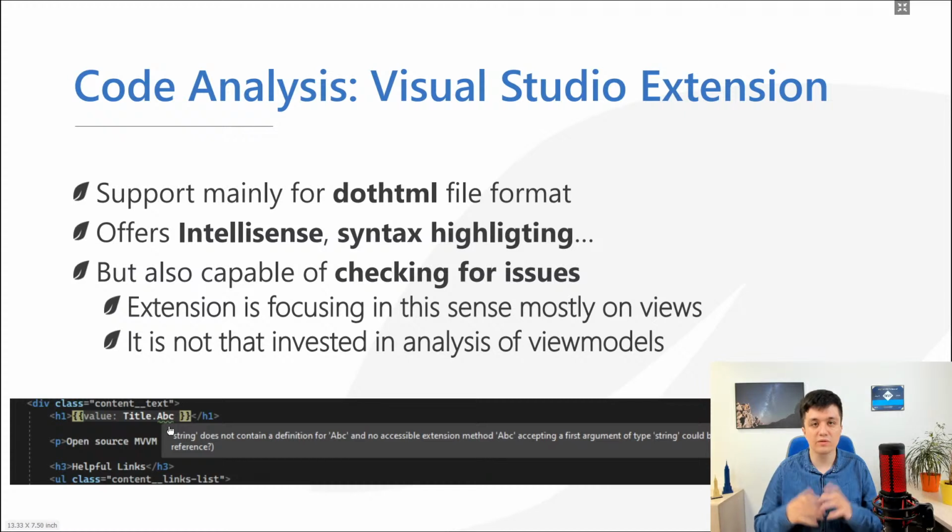And as we all know, string doesn't have a property called ABC, and this is something that the Visual Studio extension for DotVVM can discover pretty fast, because as you are typing your bindings, they are actually being compiled directly using Roslyn, so you get these very nice exceptions and warnings that string does not contain a definition for ABC, and there are no accessible extension methods, nor is it a valid property.